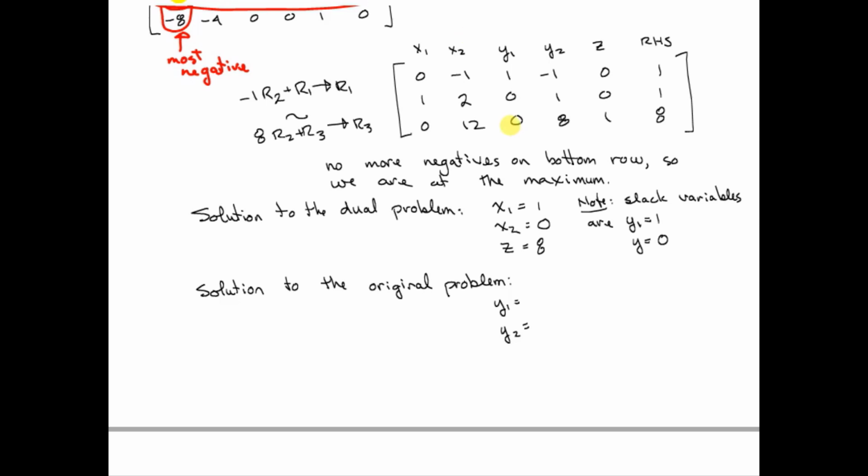Here's where they come from, right here. Remember y1 and y2, yes, they are serving as slack variables in the dual. And as slack variables in the dual, here are their values: y1 equals 1, y2 equals 0. Okay, but different purpose in the original. In the original, there are decision variables. And y1 is 0, and y2 is 8. See how those came from the bottom row?